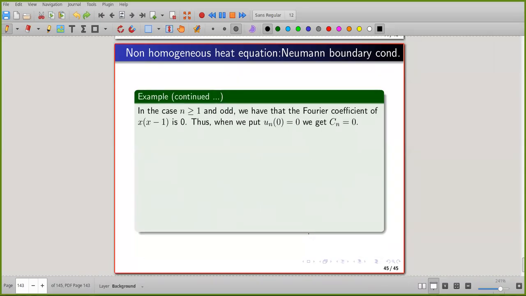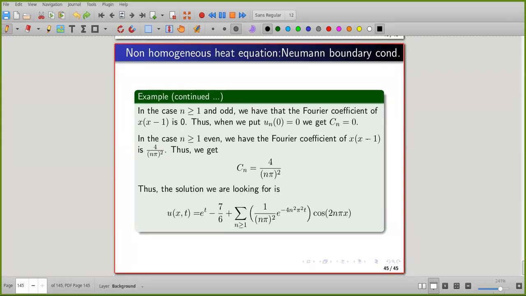In case n is greater than or equal to 1 and odd, the Fourier coefficient of x into x minus 1 is 0. Remember, we know that u_n(0) is equal to b_n, where b_n is the Fourier coefficient.